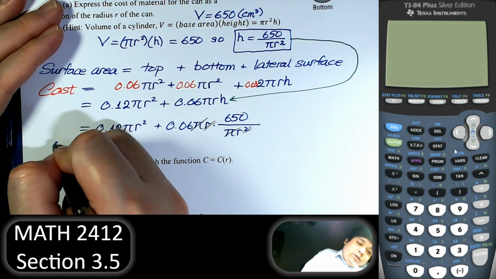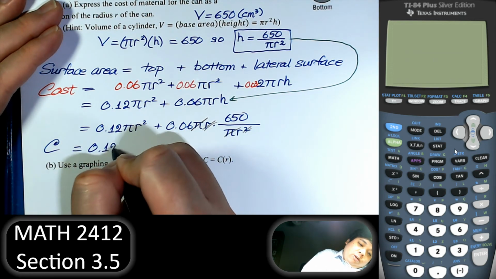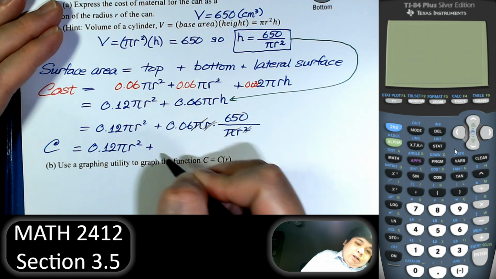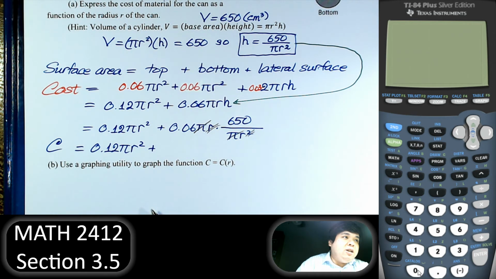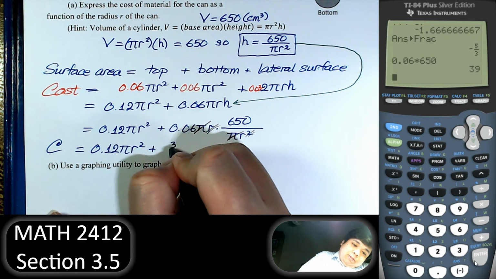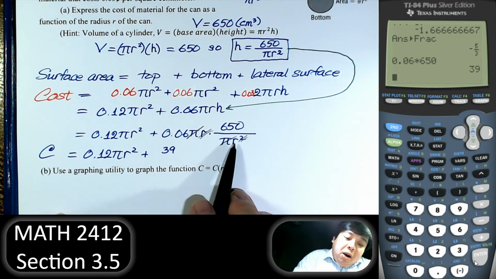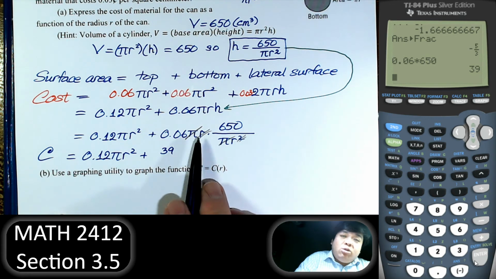So we end up with the cost function 0.12 pi r square plus 0.06 times 650, that will be 39, divided by r.